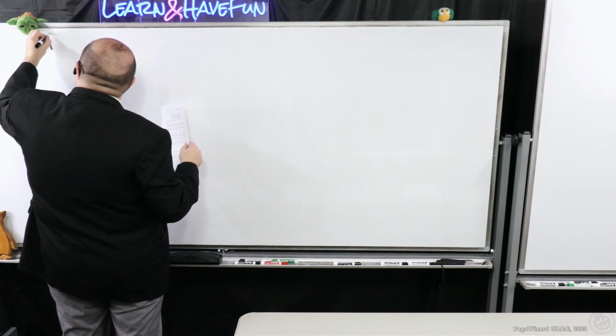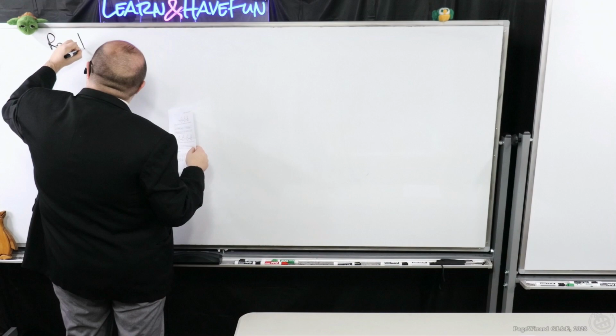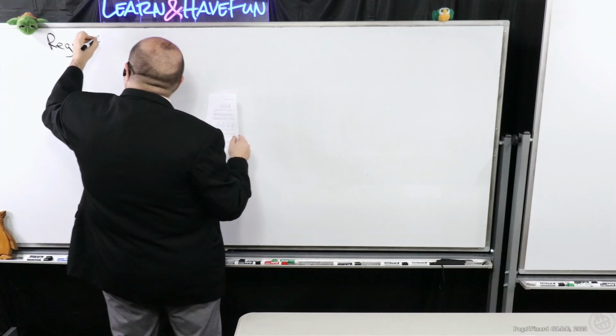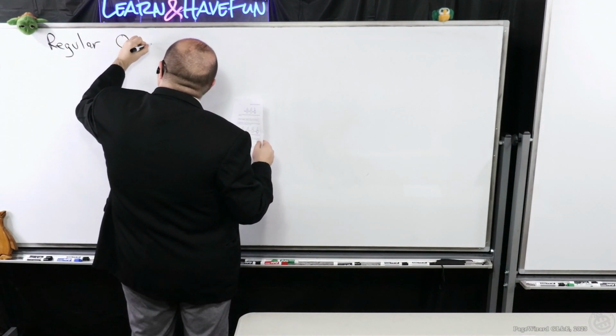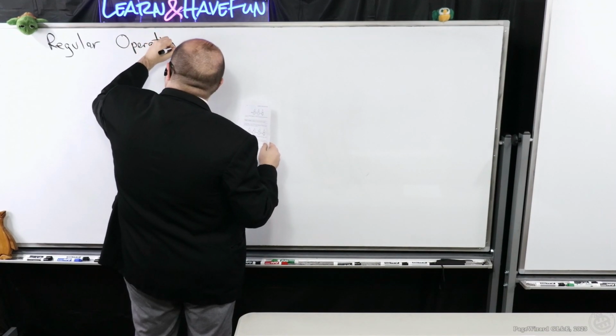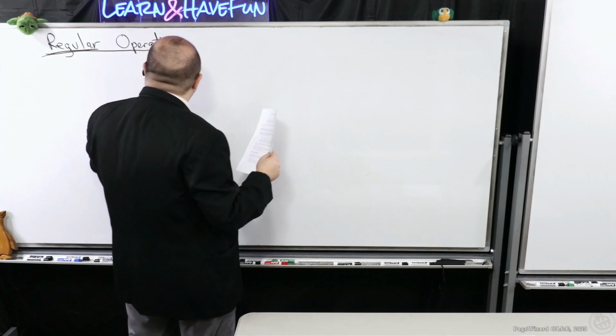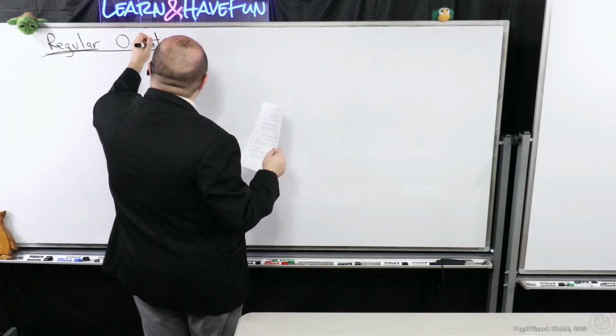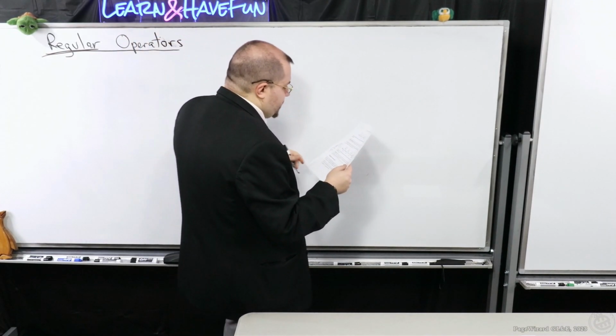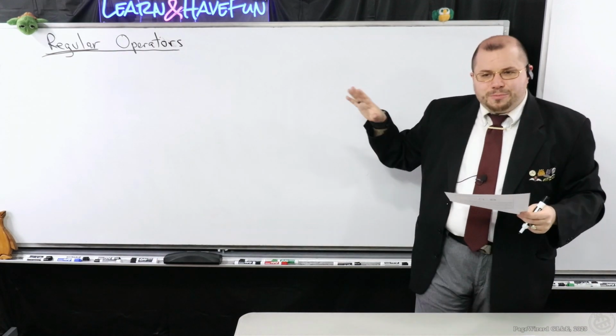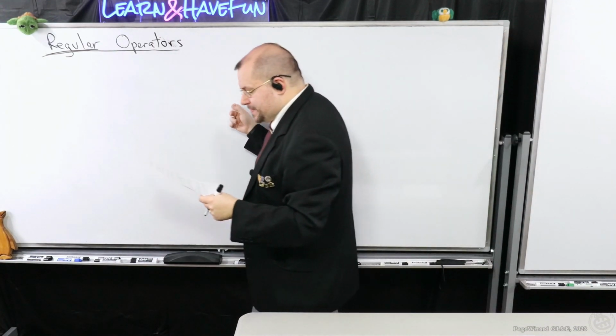One way I like to introduce this topic is to bring up the idea of regular operators, which bear the same name, right? Regular. So we're going to talk about regular operators. This is just to take a little break from designing DFAs.